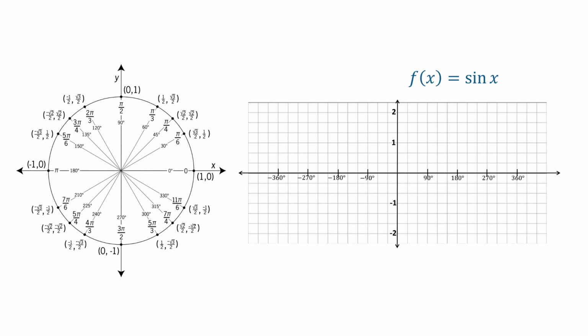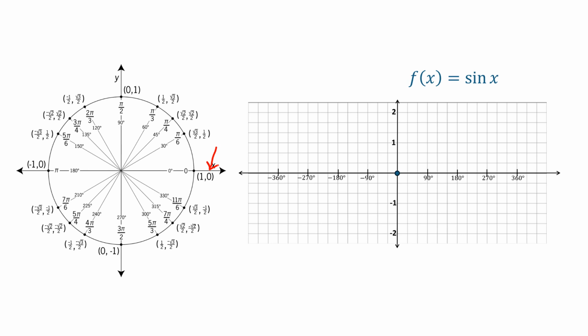So as we graph f of x equals sine x, we're going to start at 0 degrees, which is the origin. And at 0 degrees, if you look at your unit circle, you can see that y is 0, and that is sine. So at 0 degrees, you have 0 for your y value, so that is the point 0, 0.